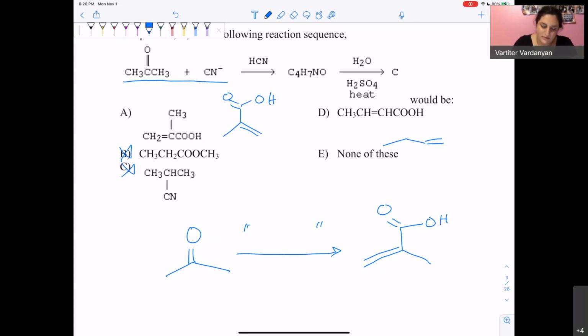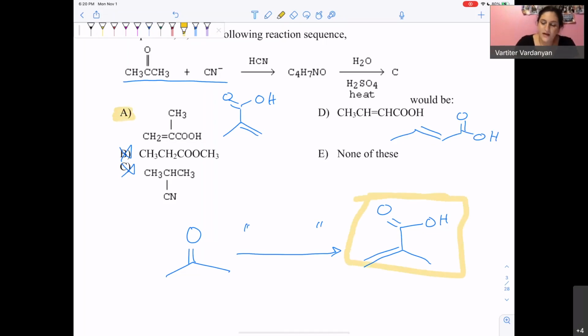Not me trying to figure this out and being so bad at it. Okay, ta-da. See. So out of these two, A looks the most like this.